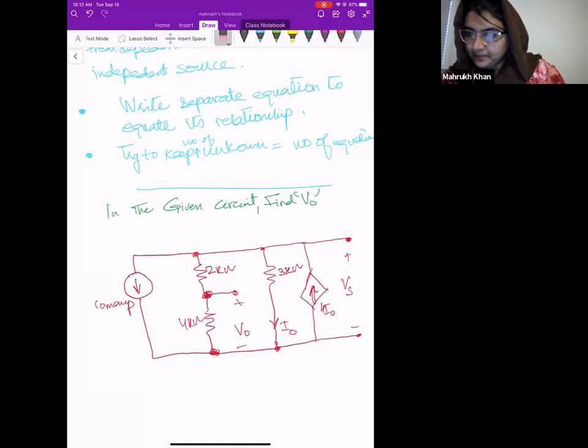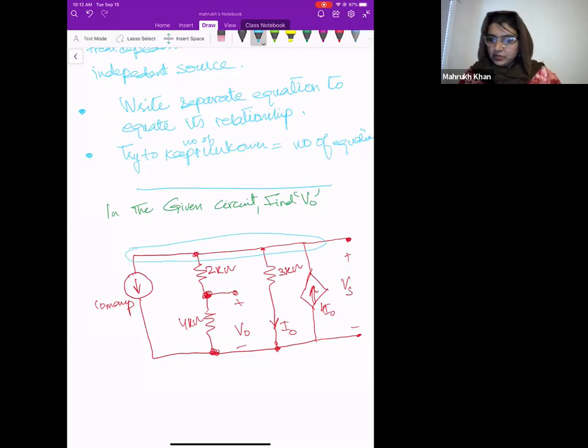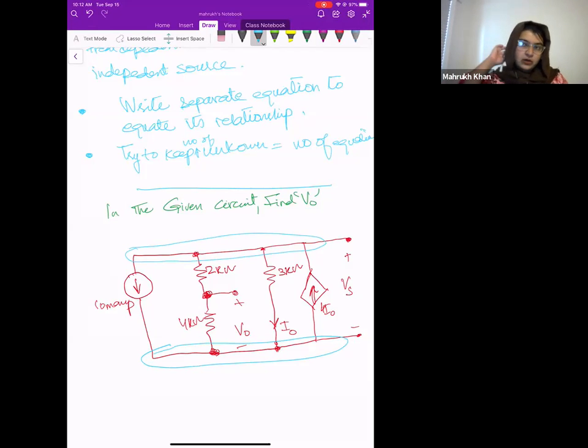So let's see. This is our node because there is no other element here. And this is our node. If you try to apply the loop equation and are able to find V naught using it, it's fine, okay? But I'm following the easiest route, in which you apply a nodal equation, or KCL, okay?